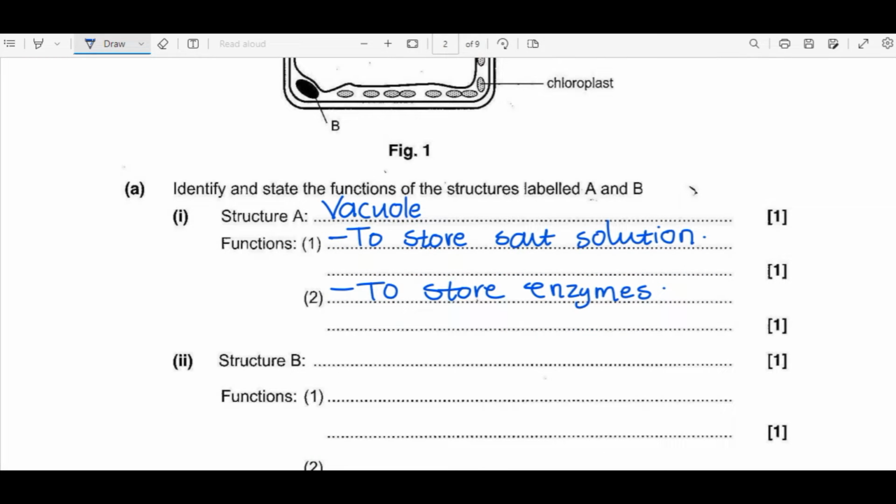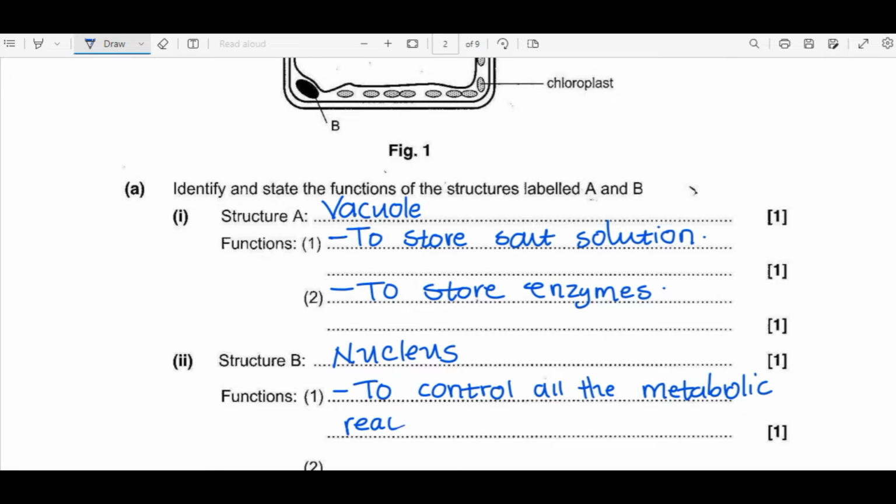Then if you look at structure B, it is a nucleus. Then two functions of the nucleus. The first one, to control all the metabolic reactions that occur in the cell.